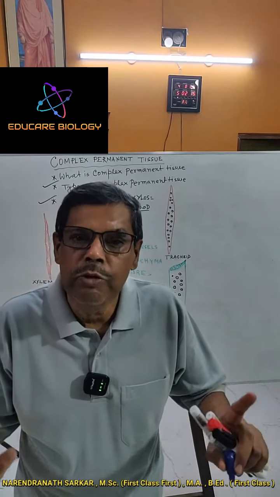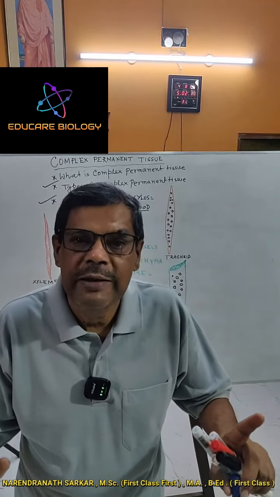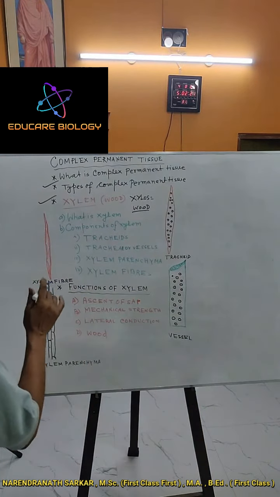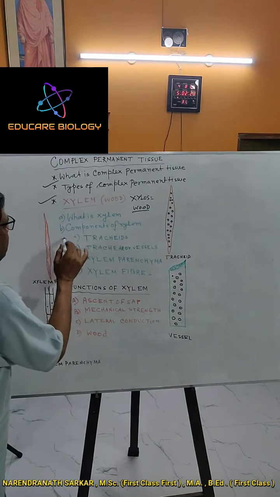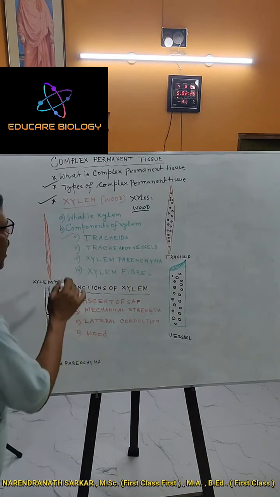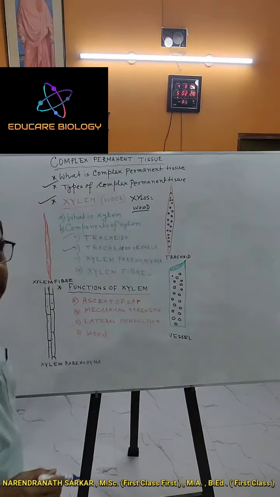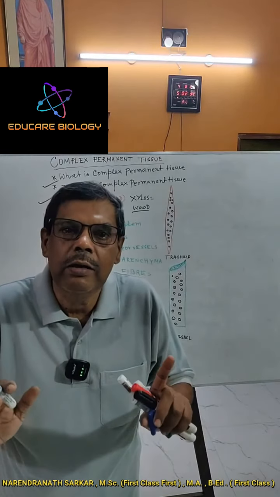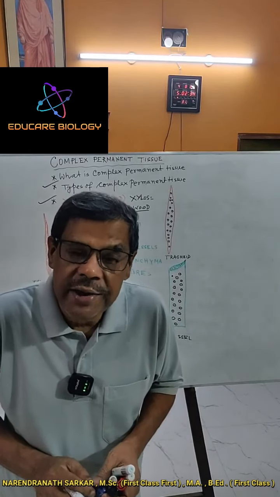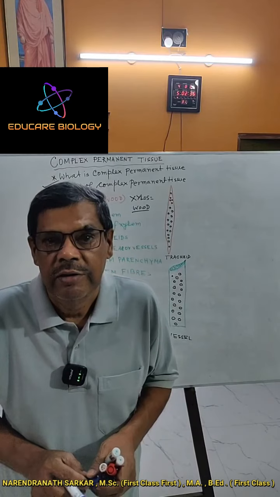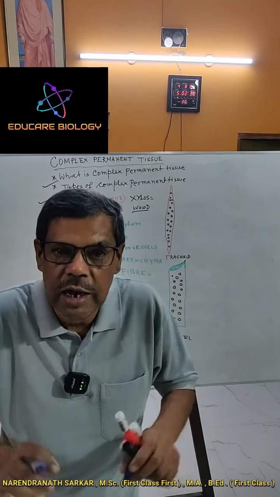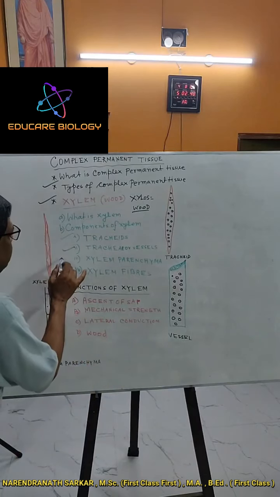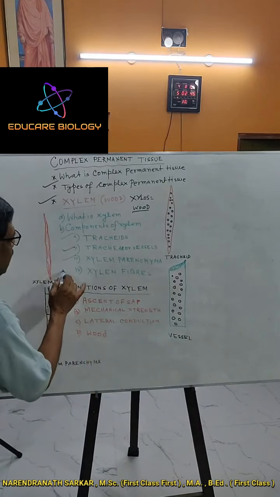Xylem is composed of four types of different cells. Mainly tracheids, trachea or vessels. These two are combinedly called tracheary elements. They perform most of the function of conduction. Next, xylem parenchyma and xylem fibres.